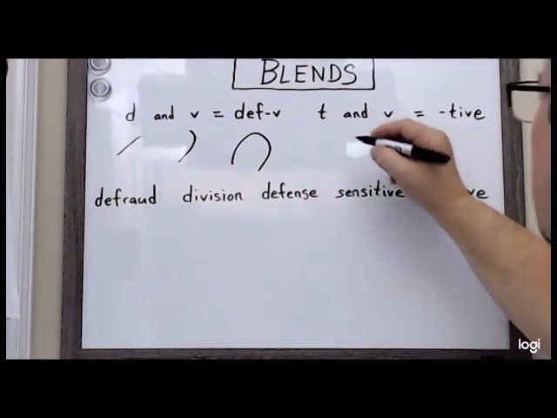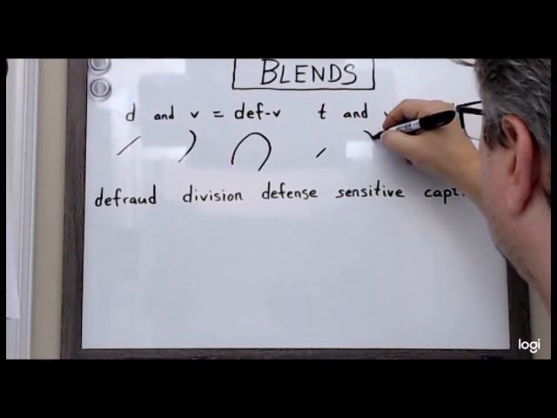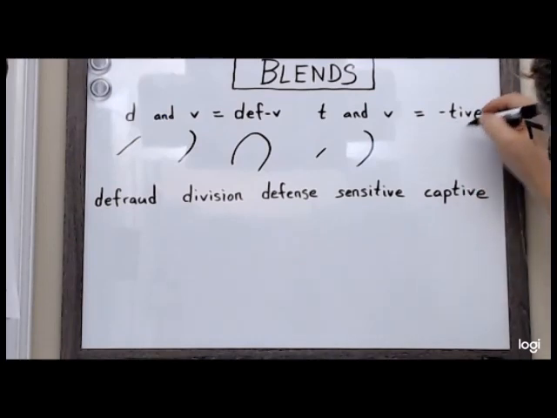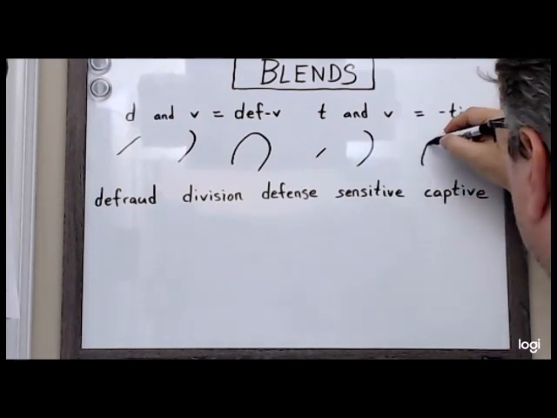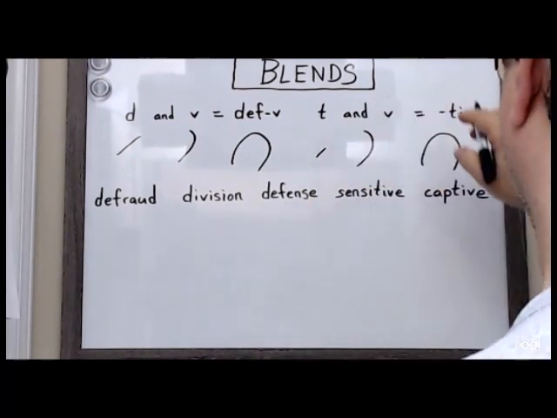Now the T as well and the V together will come to represent the suffix TIVE or TIV. So this looks like the same curve going over and clockwise.